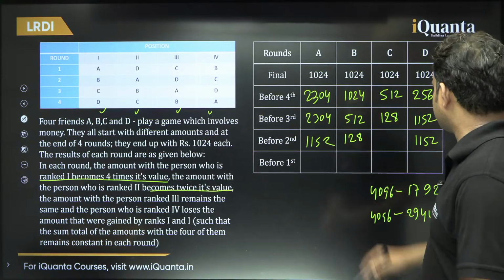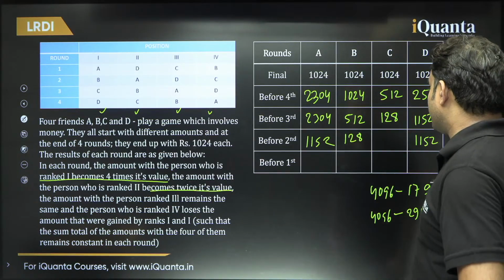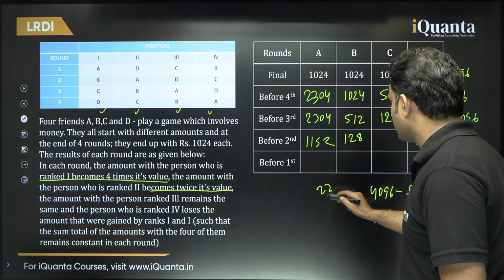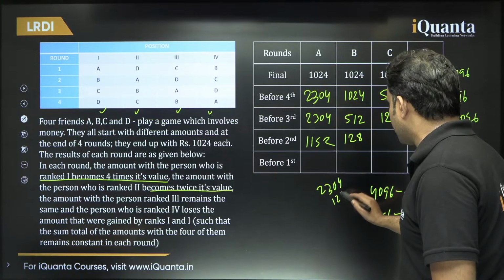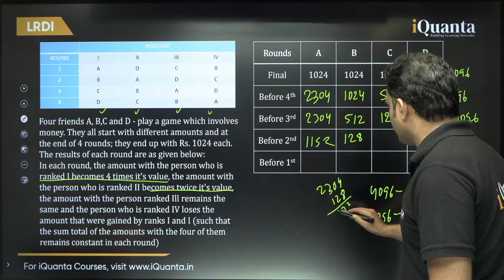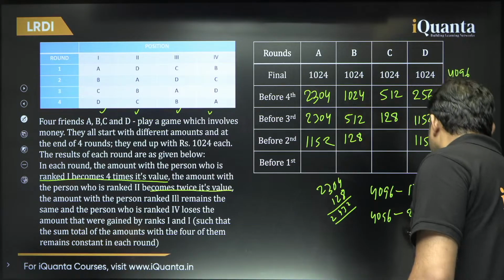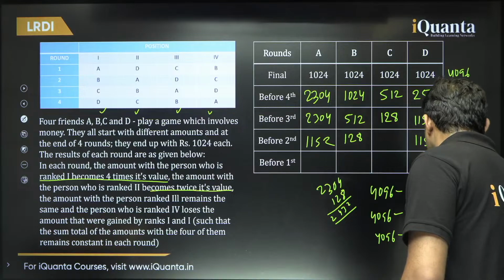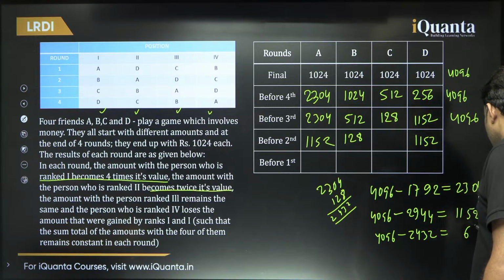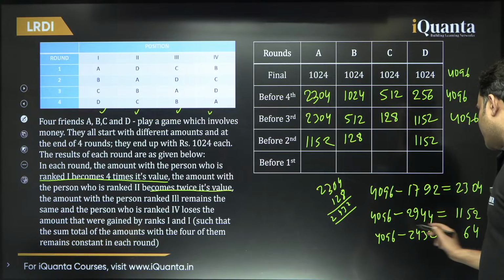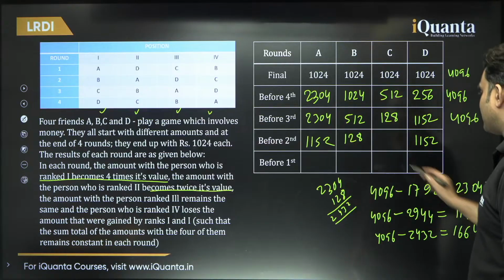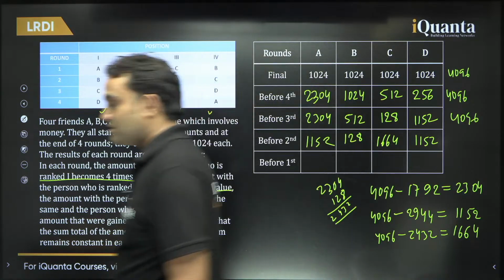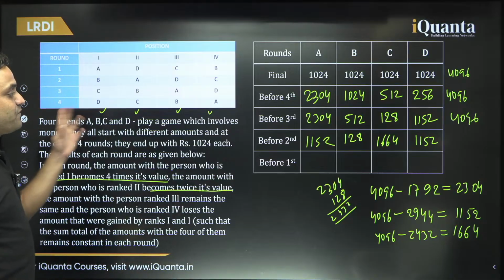So the sum of all these, 2304 and 128, so 2432. 4096 minus 2432, which is equal to 64. 40 minus 24 is 16. So this value will be 1664, right? 1664.